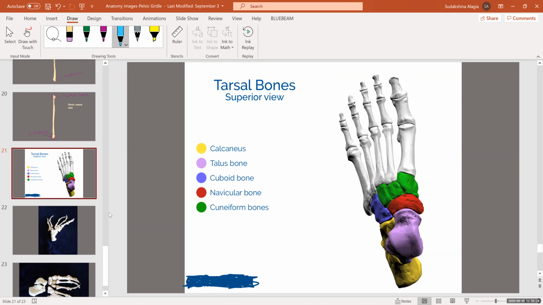Okay, so the sole of the feet, the very first part of that, and the heel area are made by the tarsal bones. Just like wrists are made of carpal bones, here the ankle and part of the sole are made by tarsal bones.